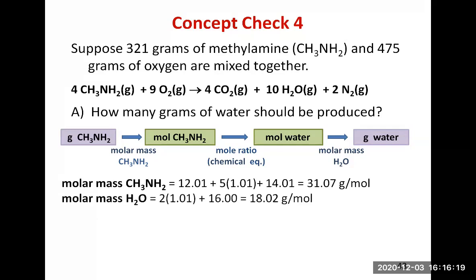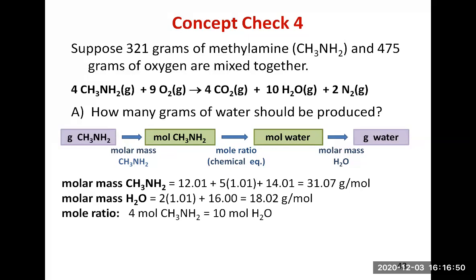Now the molar mass of water. So water is made of 2 hydrogens, so you take 2 times the molar mass of hydrogen, so 2 times 1.01, plus 1 time the molar mass of oxygen, and that's 16.00. And that's a total of 18.02 grams per mole of water. The last information we need is the mole ratio that you obtain from the chemical equation.